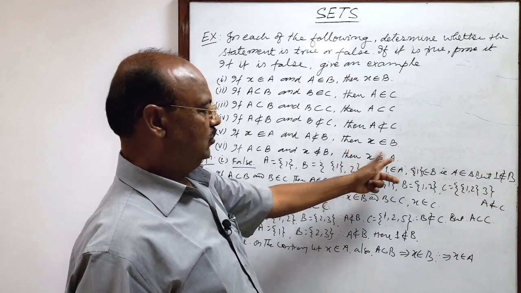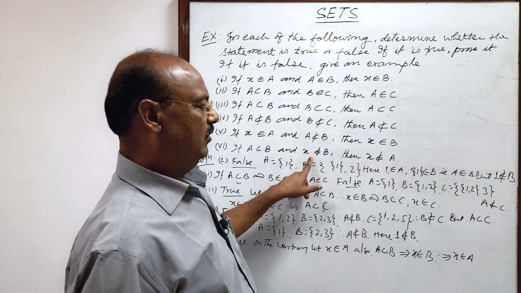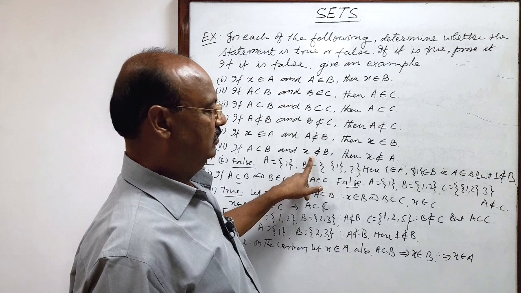If X belongs to A, then it becomes false, which cannot be, isn't it?